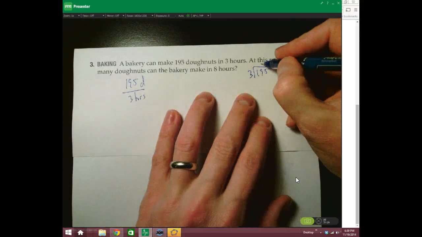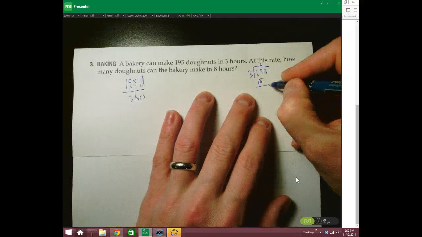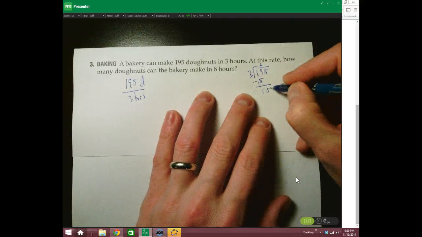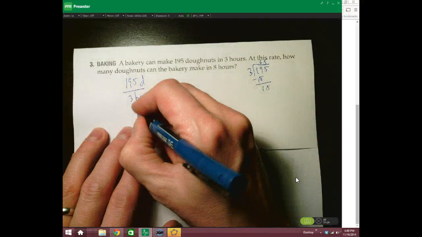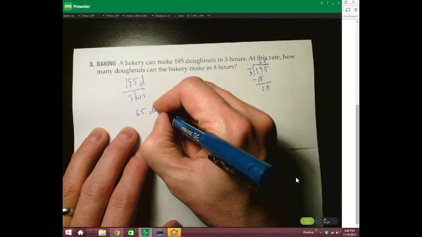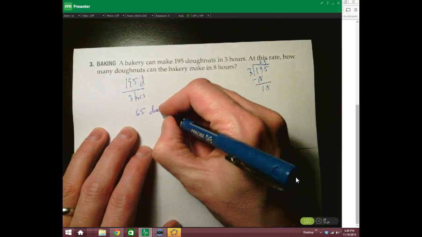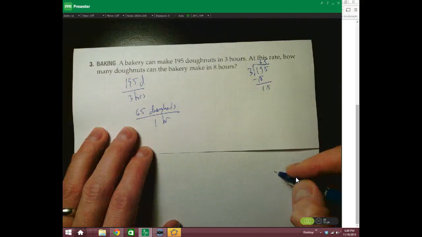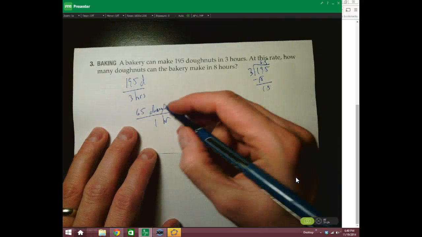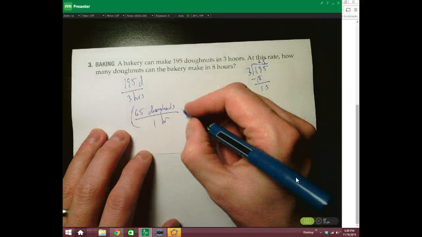3 goes into 19 6 times for 18. Subtract that, we get 15. It goes into that 5 times. So it's 65 donuts. How do they spell it? D-O-U-G-H. Yes. In 1 hour. Our question is, how many can we make in 8 hours? So now we know what it is in 1 hour.